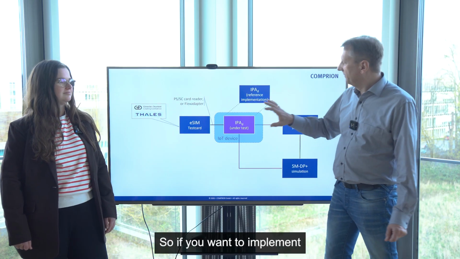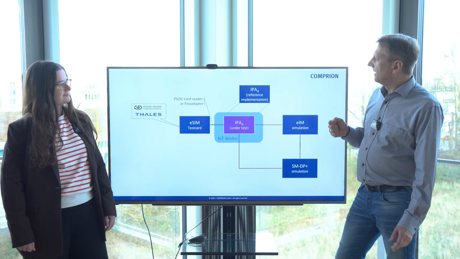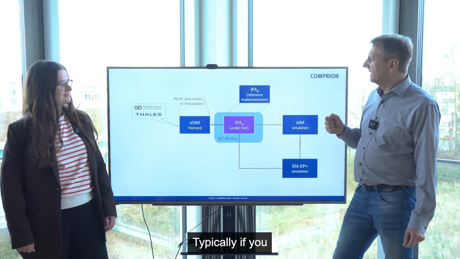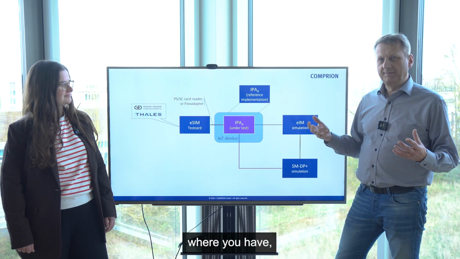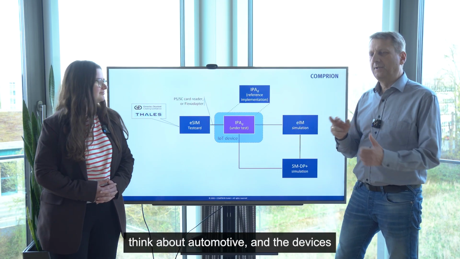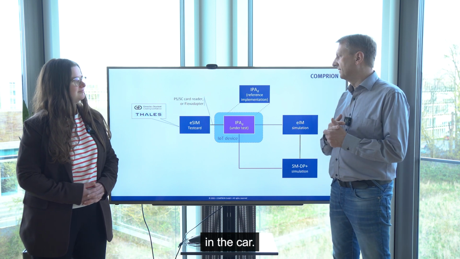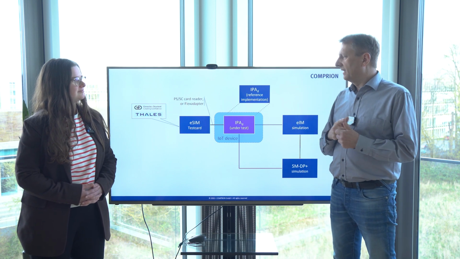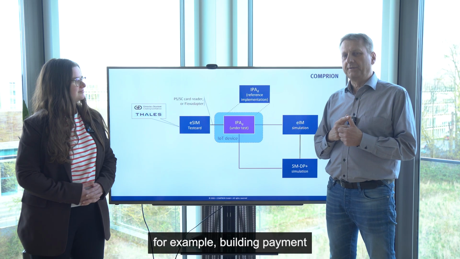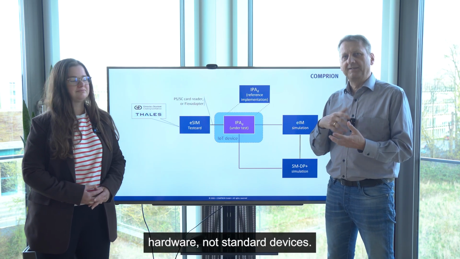So if you want to implement or customize your own IPA, who wants this? Typically, if you have a very complex device with a lot of requirements on the details of the IPA-D, think about automotive and the devices in the car. We are aware of a company building payment point of sales terminals, which are not standard hardware or standard devices.